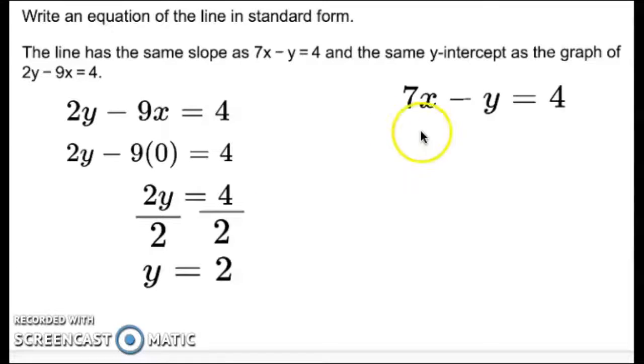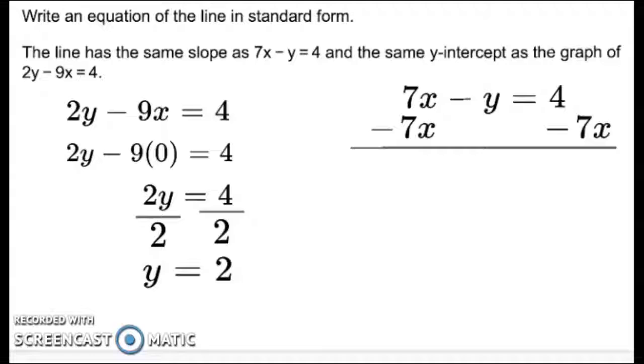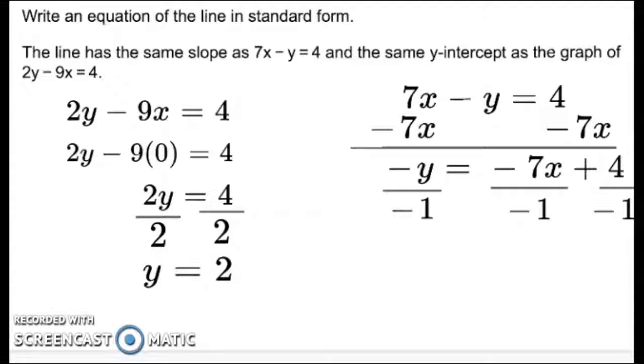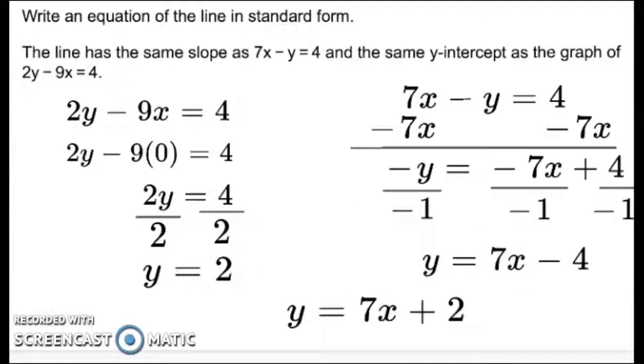Now the same slope as the first equation, let's solve it for y in slope-intercept form to find the slope. So subtract 7x from both sides. I'll get negative y equals negative 7x plus 4. Divide everything by negative 1. I'll have y equals 7x minus 4. So if I have a slope of 7 and a y-intercept of 2, my equation is going to be y equals 7x plus 2 in slope-intercept form.